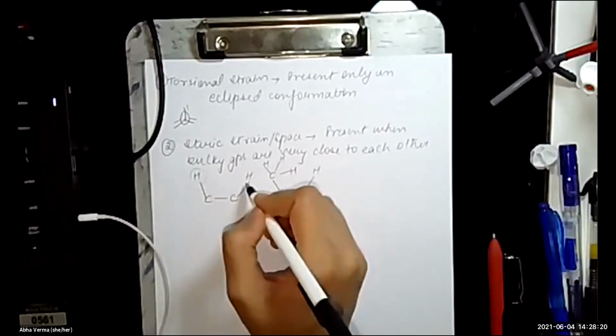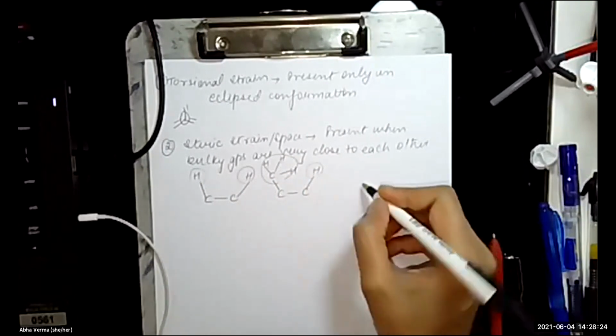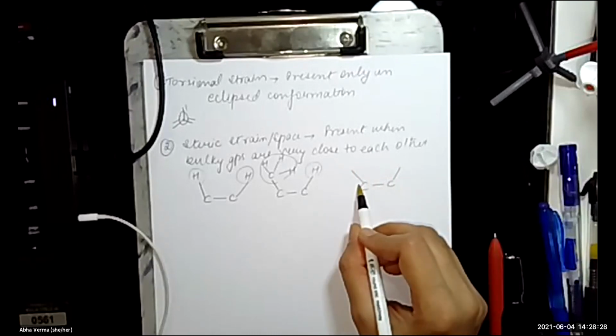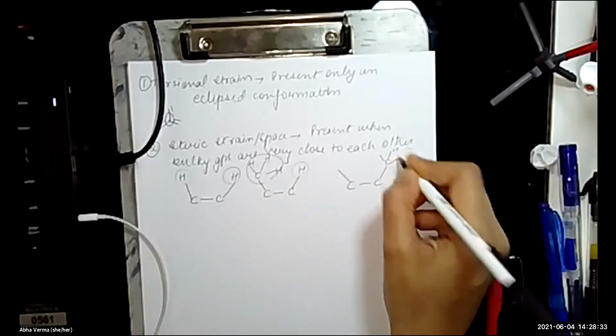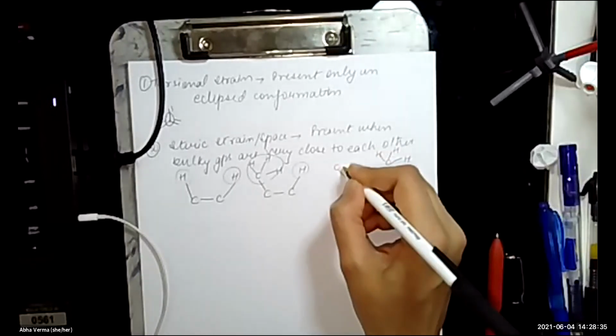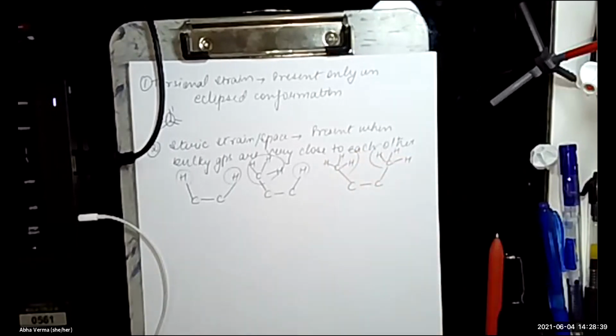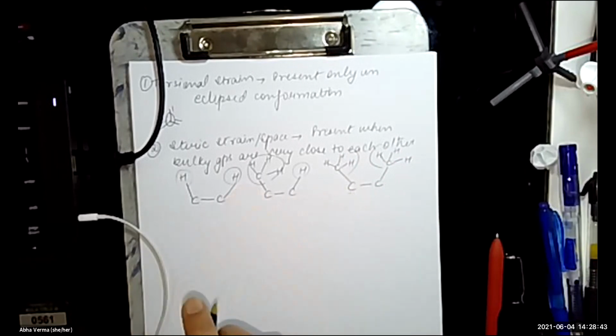Do you see how this bulk has changed? And now, remember the slant? Remember the four polar bonds? Both these methyl groups bumping into each other. And that is why we get the steric strain also in butane.